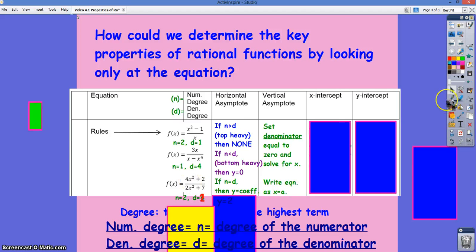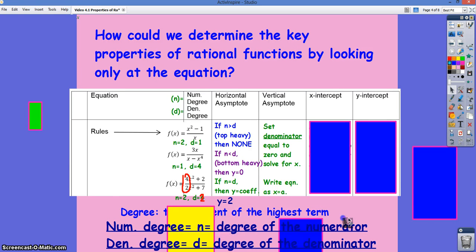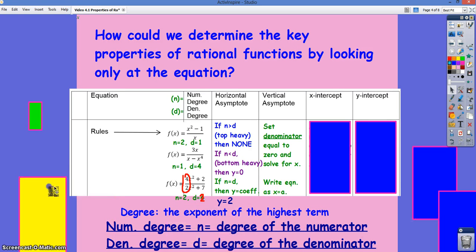So the coefficients here of the terms with the highest exponent are 4 and 2. Well, y equals 4 divided by 2 is y equals 2. So our horizontal asymptote in that case is y equals 2. Feel free to pause the video if you need to copy.